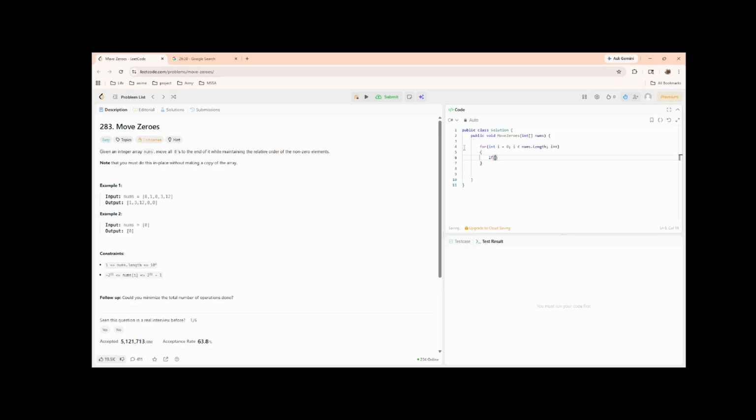If nums[i] is equal to 0, we don't have to sort anything else, just move the zeros around. So if it's not 0, then we can continue.